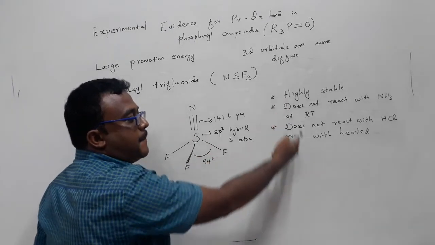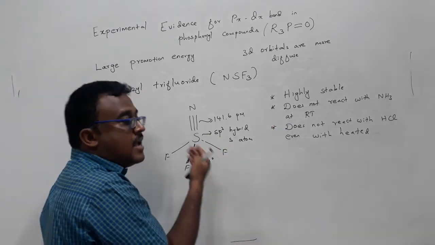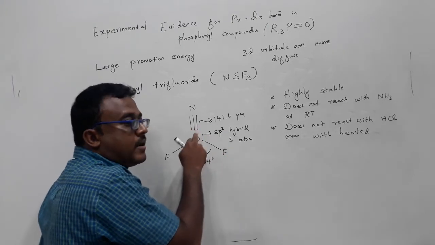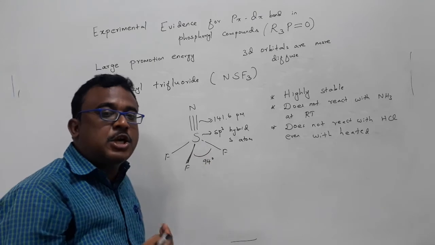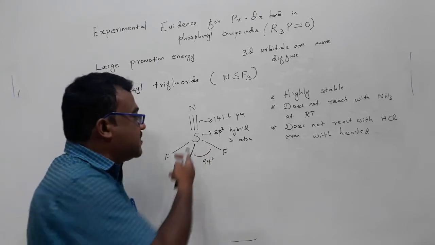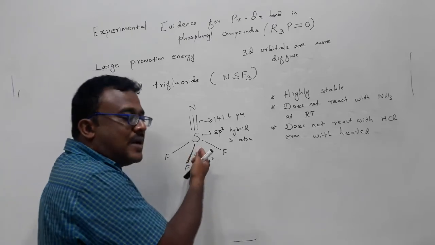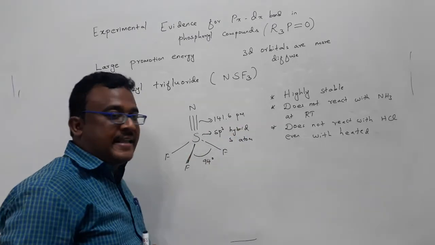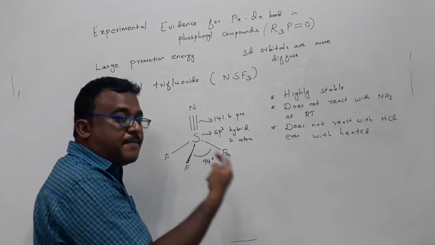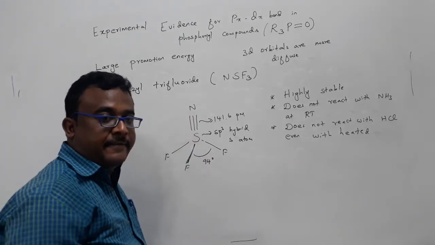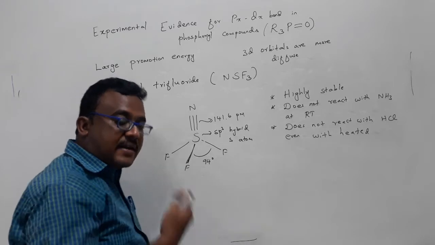That's why it does not react with ammonia, and it does not react with HCl. Thus this bonding is more efficient. The sulfur nitrogen 2 pi bonds formed here are more efficient, and that's why the molecule attains more stability. If there were any dative bonds or polar bonds, it would be more reactive, but it is less reactive.